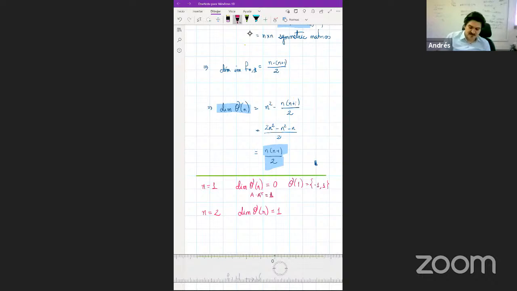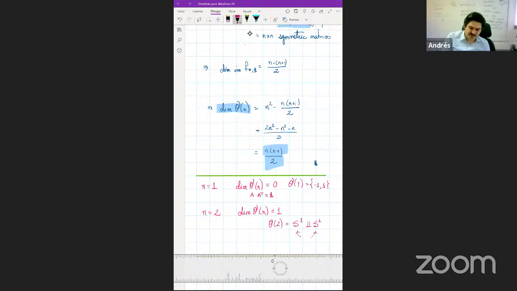So in this case, O2 is going to be 2 copies of the circle. One of them will have determinant 1, so here is the identity, and the other one will have determinant minus 1.